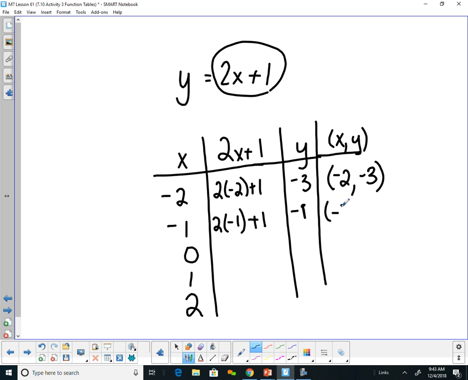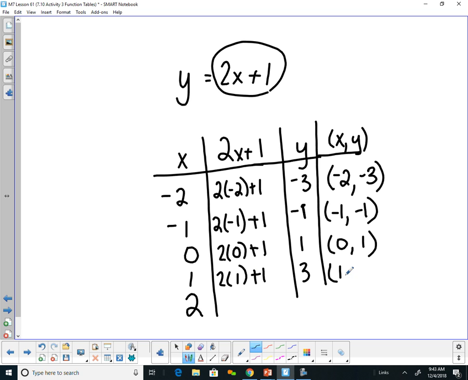So my point is -1, -1. Here we're going to plug in a 0. So we know 2 times 0 is 0 plus 1. So my point is 0, 1. Plug in a 1. So my point would be 1, 3. And if I plugged in the last number, I would get 2, 5. Okay, so those would be my ordered pairs.